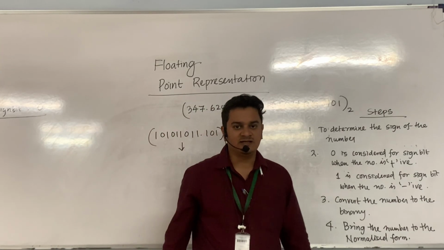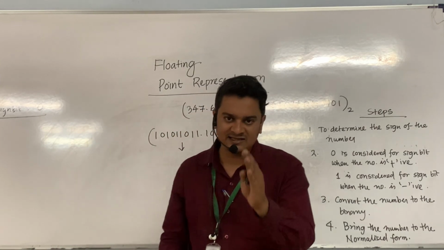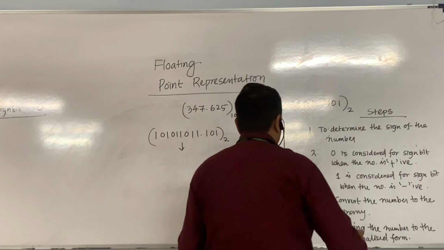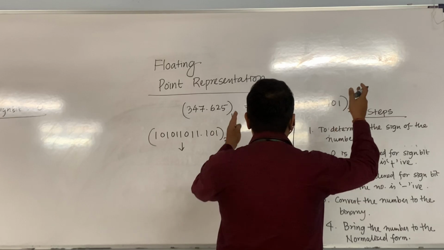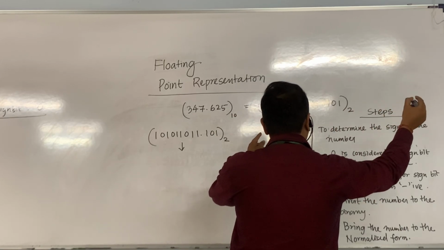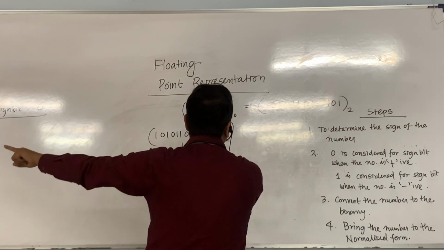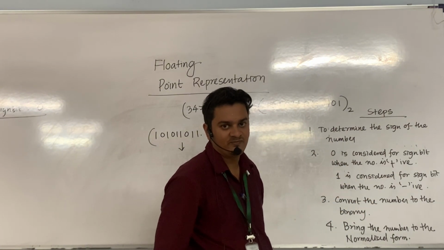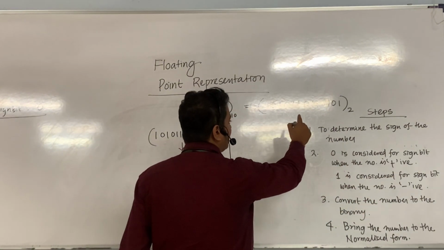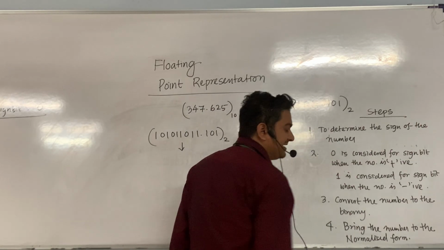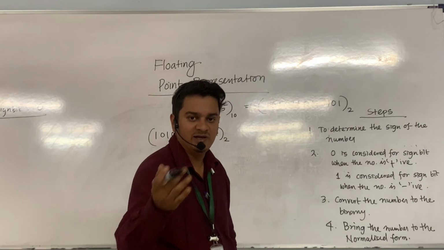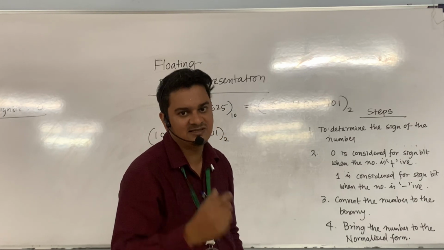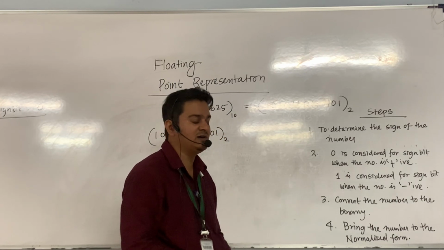Remember my dear students, whenever you are shifting the decimal point towards the left, then the power of the 2 is positive. Whenever you are shifting towards right, then the power of the 2 will be negative.